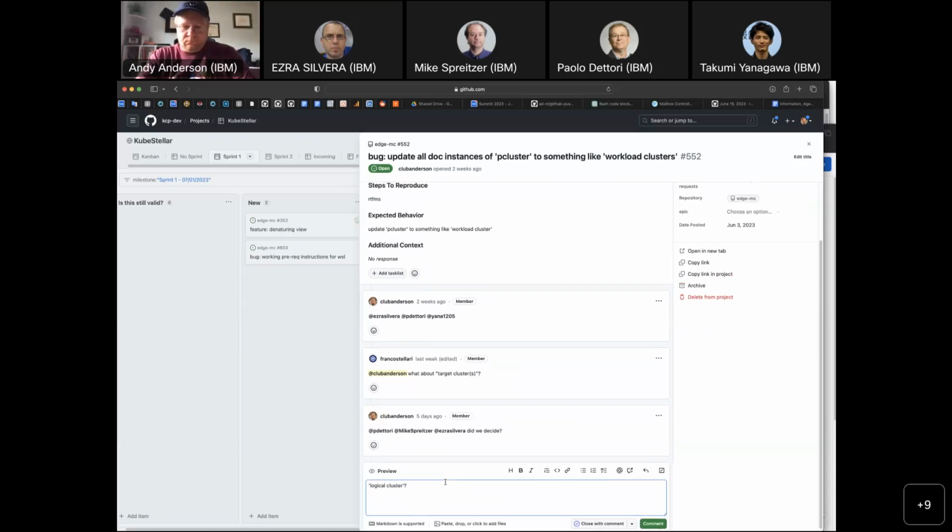The other thing I don't like about logical cluster is that the word cluster brings to mind connotations of having worker machines that are there doing stuff. We're really only talking about the API server and the associated controllers and storage. So I think a more on-point term would be something like logical API server. So in my mind, those are the two top candidates, and I'll stop there and see what other people have to say.